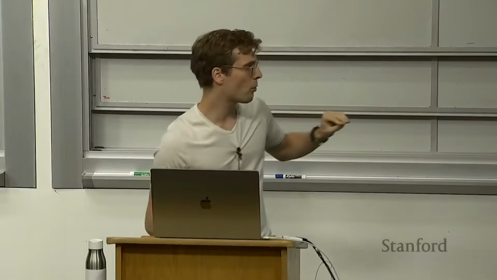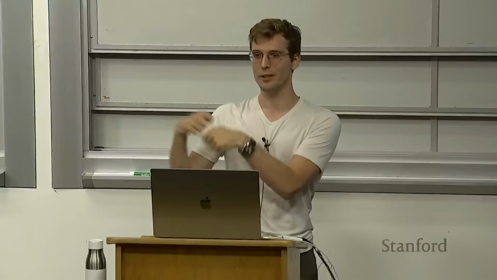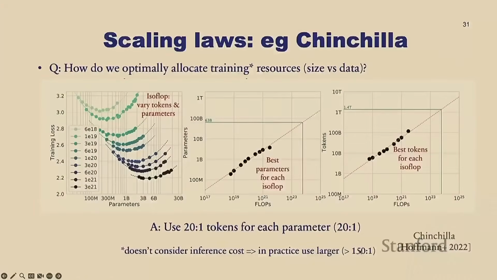So actually, if you consider the inference cost, you have other papers that try to show that it's around 150 tokens per parameter, because you prefer having a smaller model, because over time you're going to actually spend less money on inference of these models. So 150 to 1, that's around what the best models are trained on right now, at least the ones that are used in practice in production.